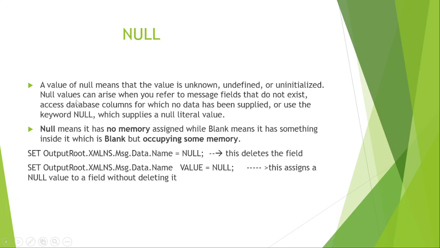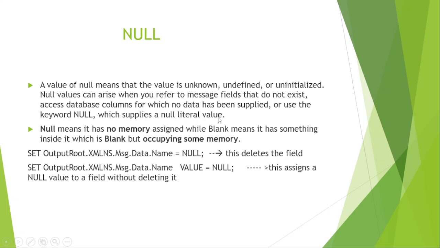Okay, a null value can arise when you refer to a message field that does not exist. Mostly, if there is a logical tree and there is a field that does not exist, and you want to refer to that field, then it will give you unknown, or null. Or when accessing a database column for which no data has been supplied, or when you use the keyword null, which supplies a null literal value.